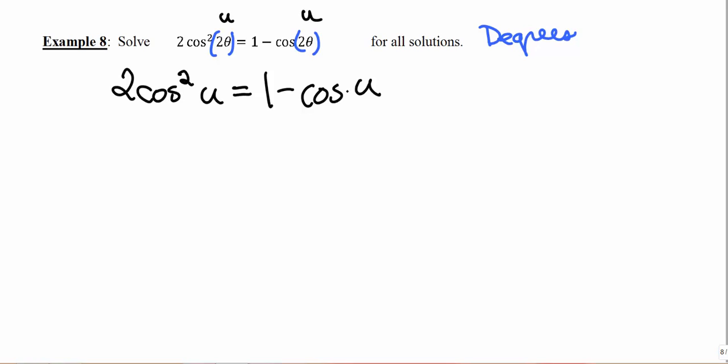If we were solving this equation in section 6.2, we have a cosine function squared, and then a cosine function that's not squared. So these are not like terms. We have to be careful about that.